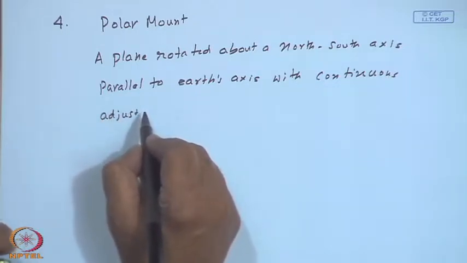So, we have got a north south axis, but tilted parallel to the Earth's axis, and rotate the plane under consideration in the direction opposite to that of the rotation of the Earth at the same speed as the rotation of the Earth.